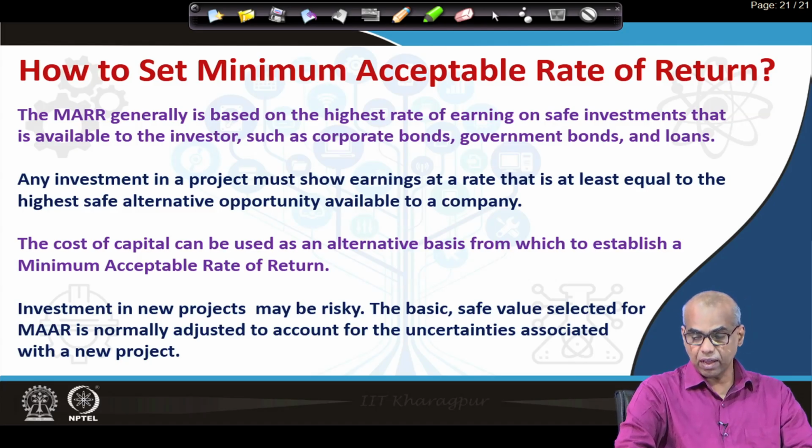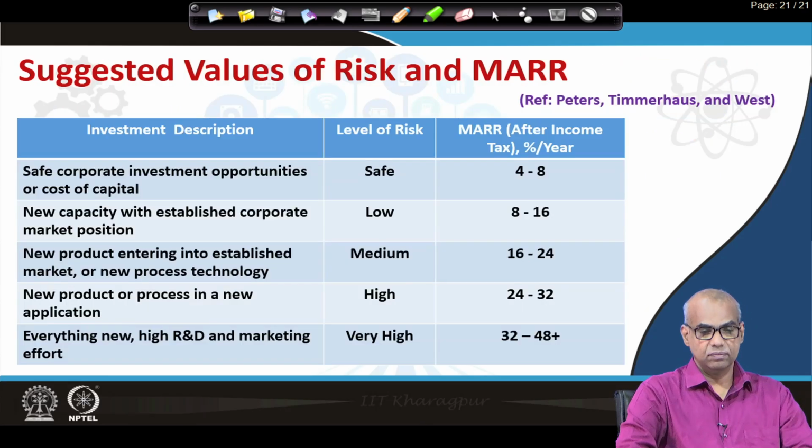The basic safe value selected for minimum acceptable rate of return is normally adjusted to account for the uncertainties associated with new project. So, the basic safe value selected for the minimum acceptable rate of return has to be adjusted to account for the uncertainty that exists in new project.